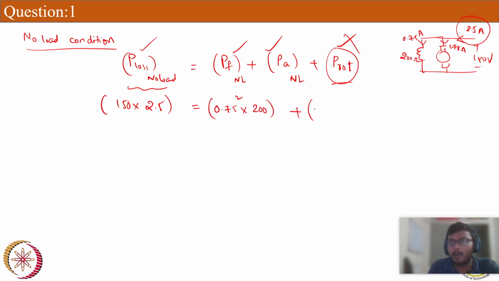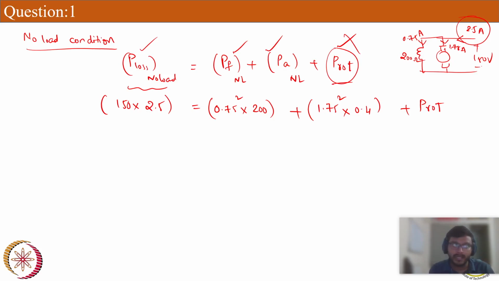What is armature copper loss? I square R again: 1.75 square multiplied by armature resistance 0.4, plus P rotational. Can you also calculate with me and tell me how much you are getting for rotational losses?